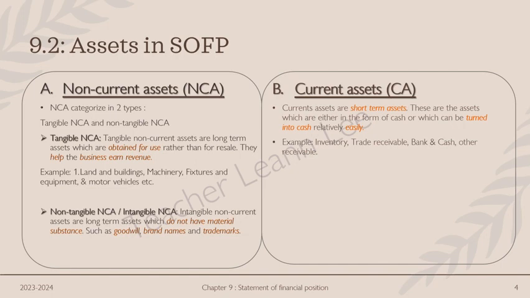Now we talk about the current asset. Current asset is a short-term asset, meaning that you can easily turn it into money or cash, such as the money that you keep in the bank. You can go to the ATM machine and withdraw the money when you need it immediately.